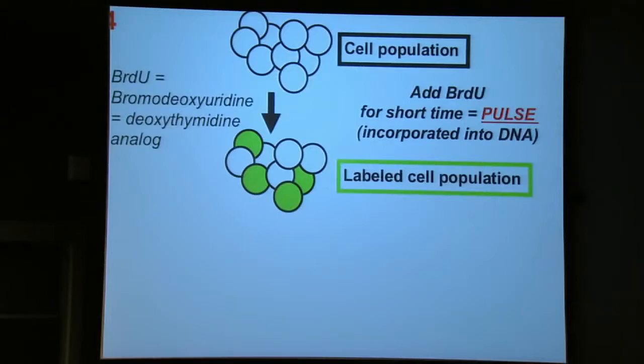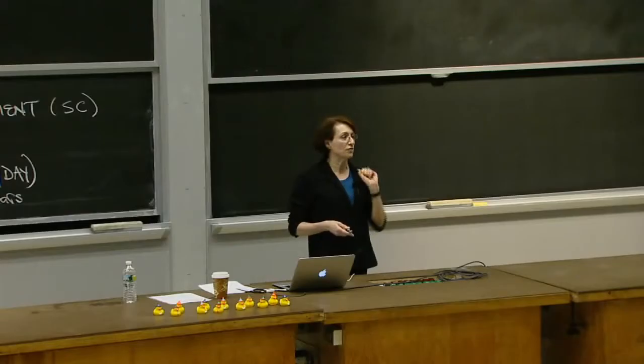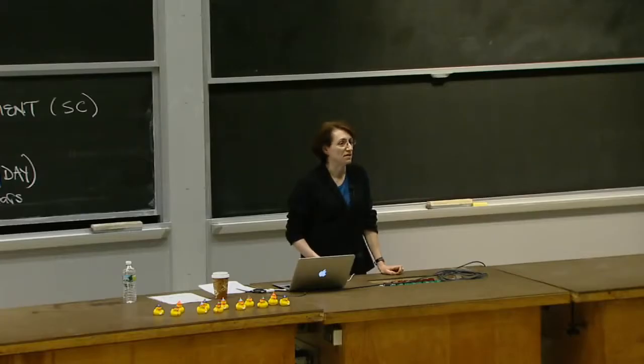Then you stop the labeling by adding lots of unlabeled thymidine, and that's called a chase. You follow the cells over this long chase period, and then you can watch and see what happens to those cells that you initially labeled over a very short time. In this example, I've got 4 cells initially labeled. Over time, there are only 2 cells left. If you measure the time from going from 4 cells to 2 cells, you can get the half-life of that cell population. Okay?